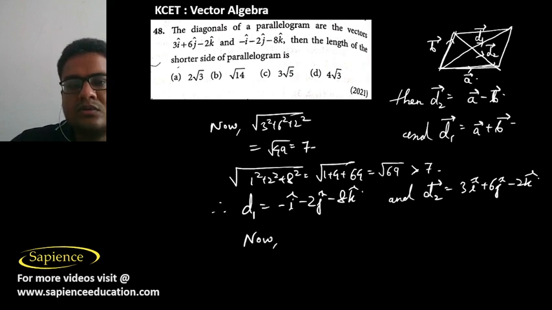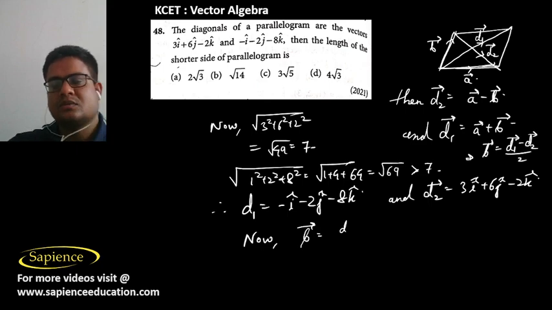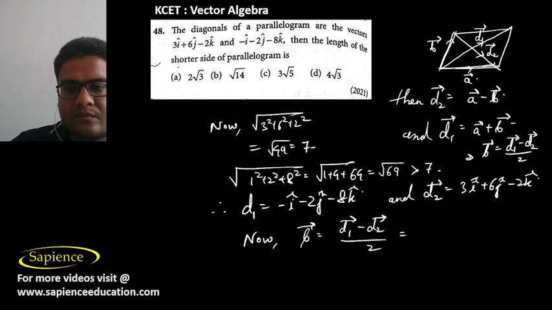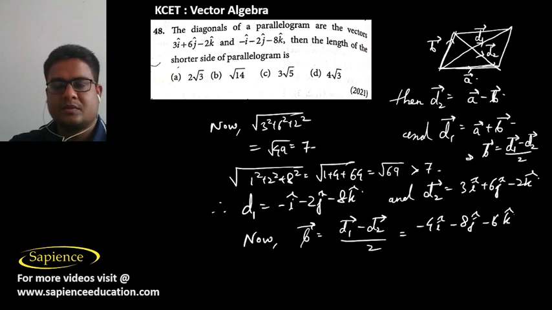So now the shorter side, that is b, we can find like this: d1 minus d2 by 2. This is d1 vector minus d2 vector by 2, which is equal to minus 4i cap minus 8j cap minus 6k cap by 2.